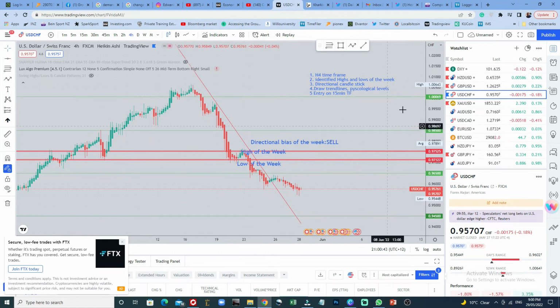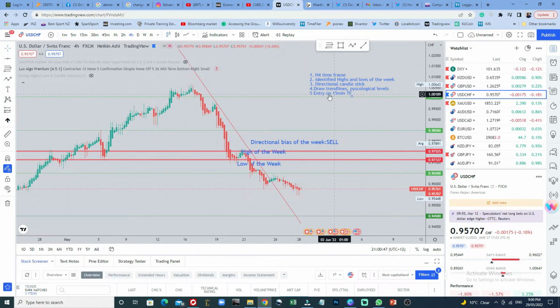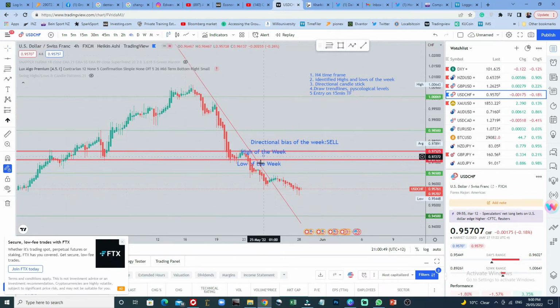Now this is what I've done so far. The only thing I've not done here is to enter the 15 minutes time frame, which I'm going to do now. I've done 1 to 4. I started with the H4 time frame. Secondly, I identify the highs and lows of the week. Third, I identify the directional candle.